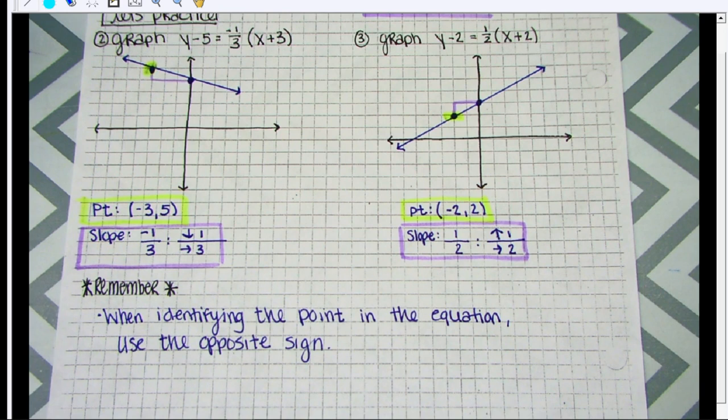We've practiced plenty of times graphing slope. You'll do great on that. But you'll mess up if you pull out the points and don't do the opposite sign. So pull the point out, do the opposite sign, and then you'll be just fine. Slope is exactly how it looks. But when you're identifying the point in the equation, use the opposite sign, because the negatives will change the sign. You'll do everything right, but mess that little piece up, and then you get a totally different graph.